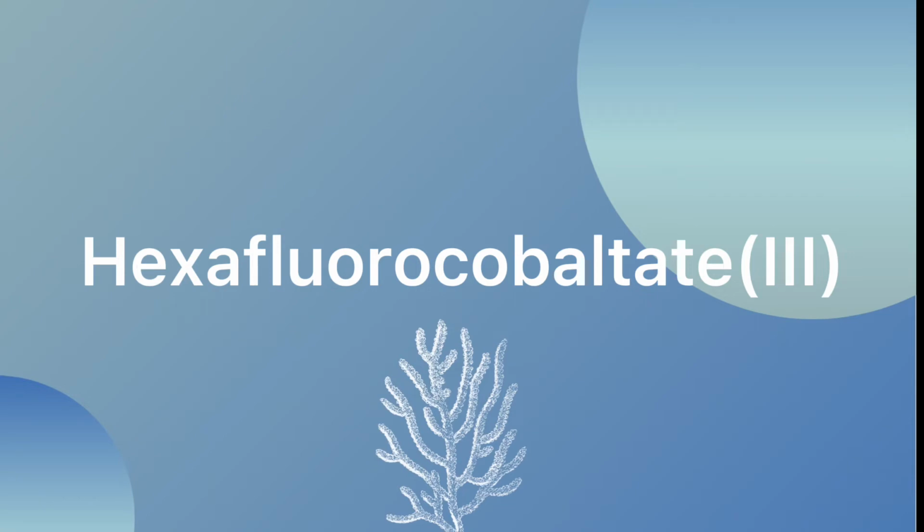Since there are 6 fluoro ligands binding with the complex ion, the charge on the complex ion must be -3. Since each ligand carries -1 charge, the oxidation number of cobalt is +3. Finally, this complex is named hexafluorocobaltate(III) ion.